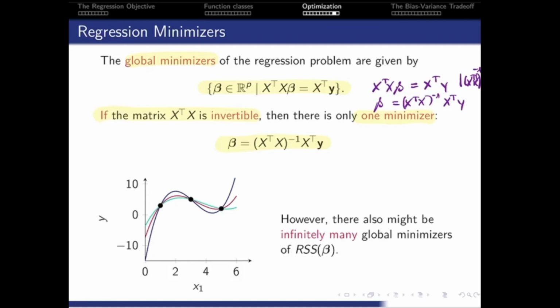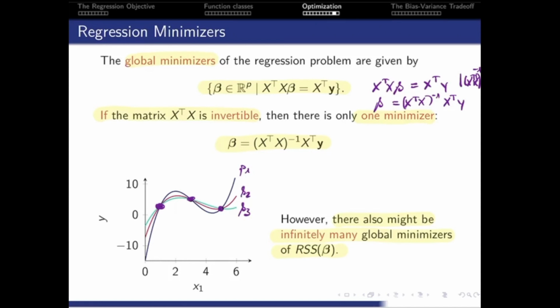Well, then there might be infinitely many global minimizers of the RSS of beta. An example is here, where we fit a polynomial function to these three data points, and every one of these functions mapped here belongs to one beta, and all of these betas are actually global minimizers, and there are infinitely many of these.